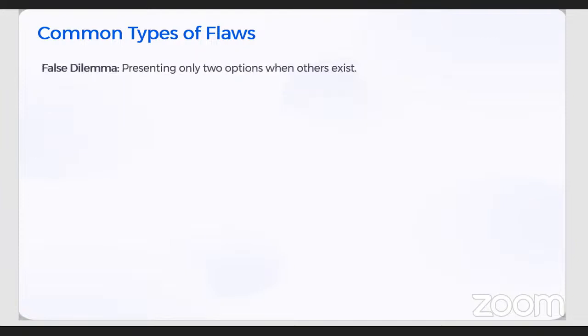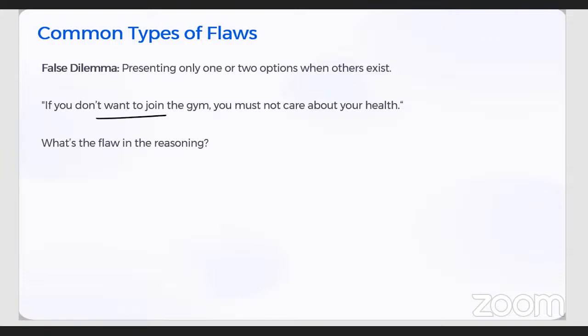Let's look at the third, false dilemma, where you're saying, hey, it's either this or it's this, my way or the highway kind of thing. But this is not always necessarily the case. The author seems to have assumed that these are the only two possible scenarios. For example, if I say, if you don't want to join the gym, you must not care about your health. What is the flaw?